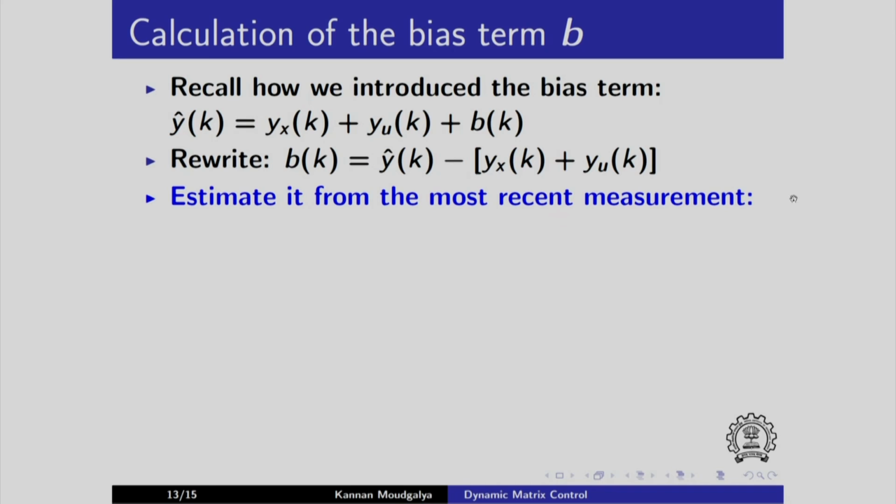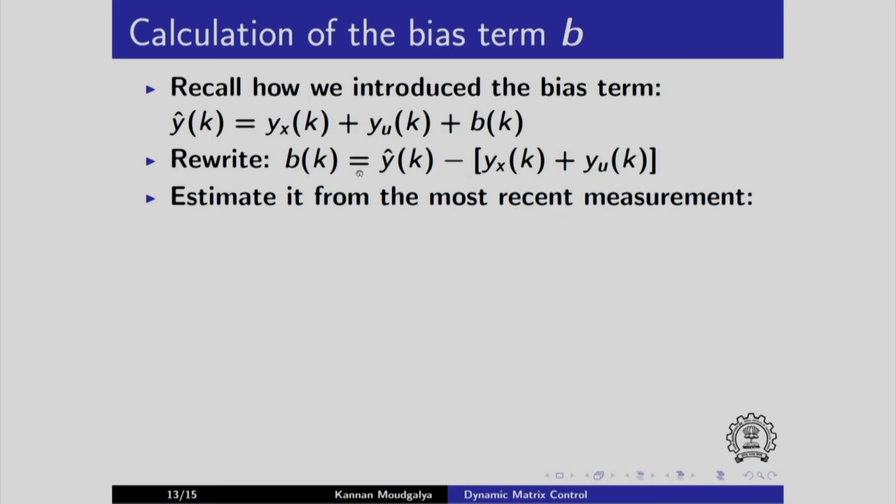Remember, the current time instant is k. We have just measured the plant output y of k, and we have to implement the control effort from delta u k onwards. We have just done the measurement, we have to implement the control law. That is where we are.